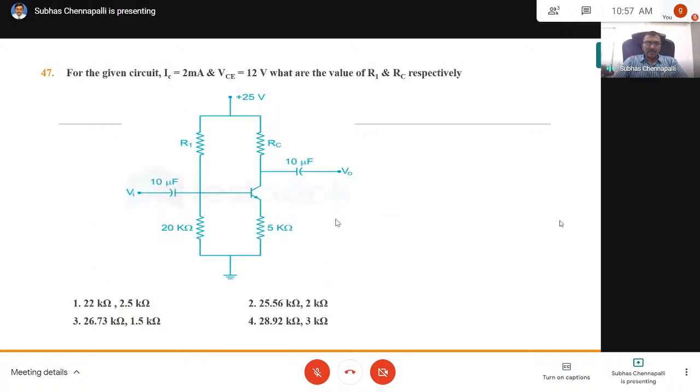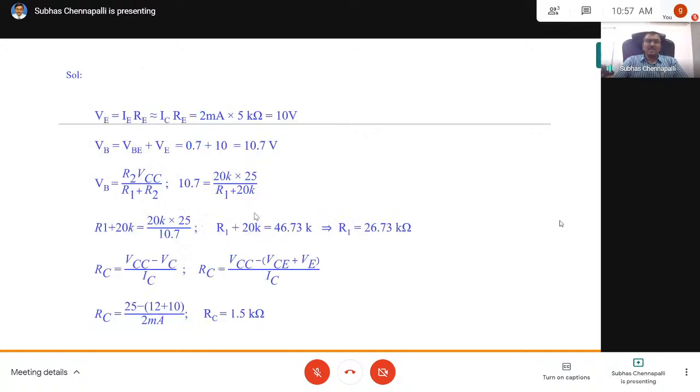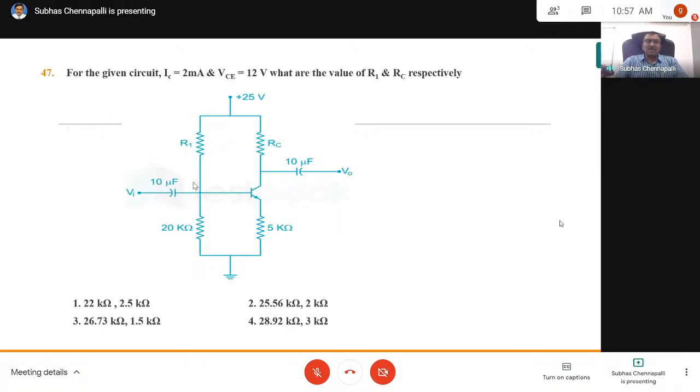For DC analysis, you open these two capacitors, then your DC circuit becomes 25 volts, 2 resistors here, a resistor and the transistor, that's all. Now we have to calculate R1 and RC.